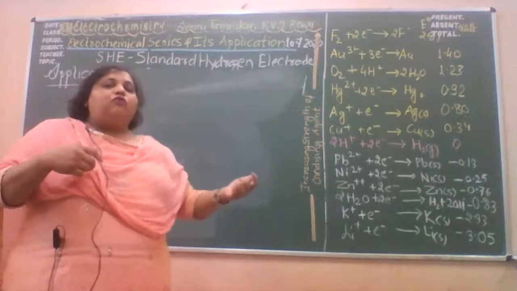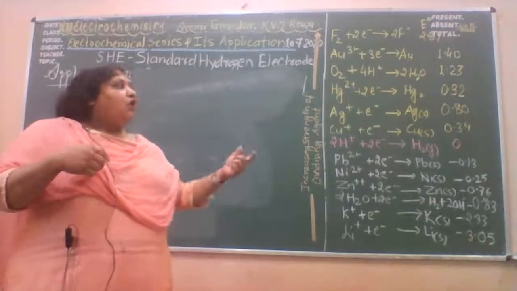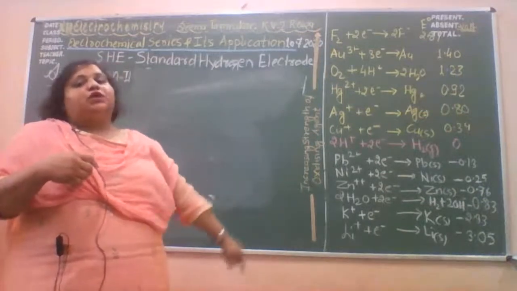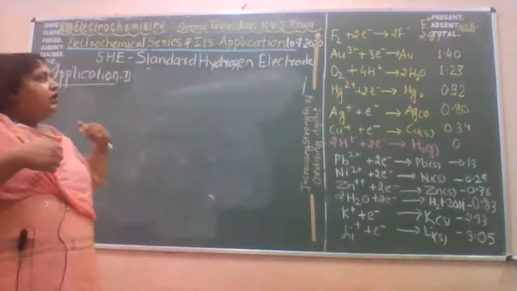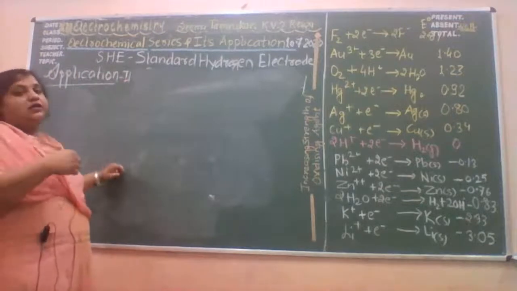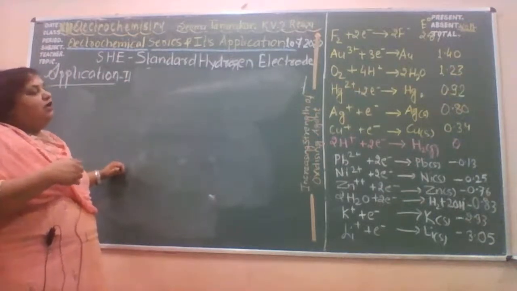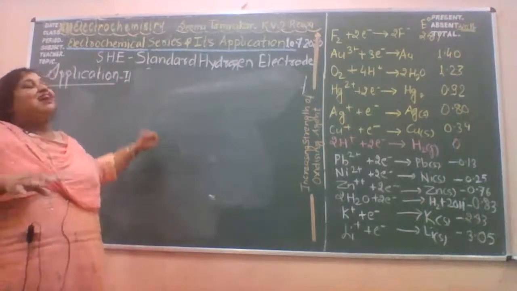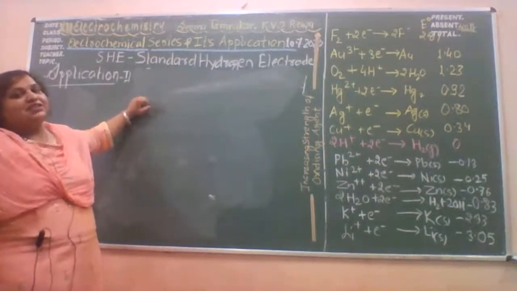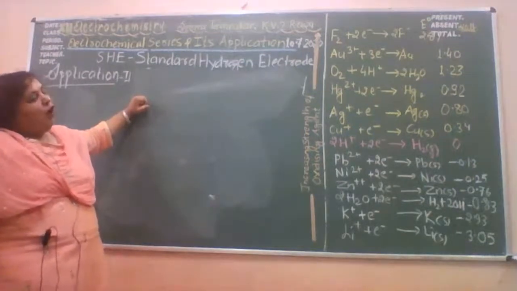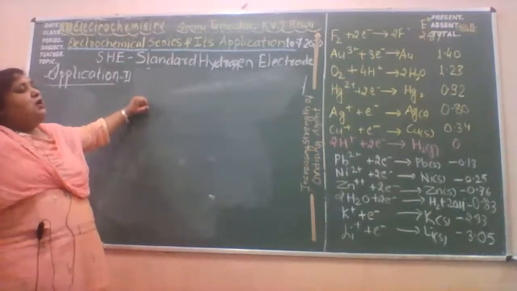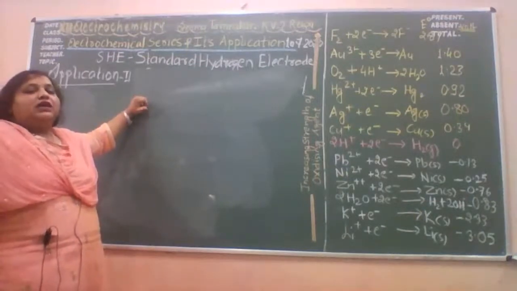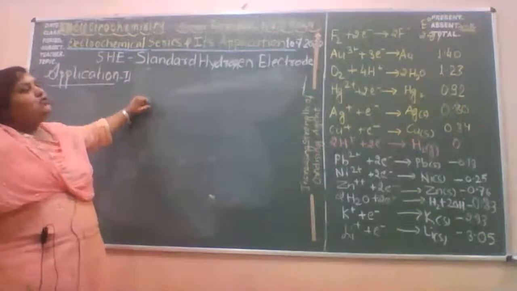So either I can go for this kind of experiment, or just by seeing this series, we can come to the conclusion in which case hydrogen gas will be evolved. And I know you all don't want to do the experiments. Although being a chemistry teacher and a science student I will always prefer to do the experiments, when you don't have the time or the facilities, you can use this series.